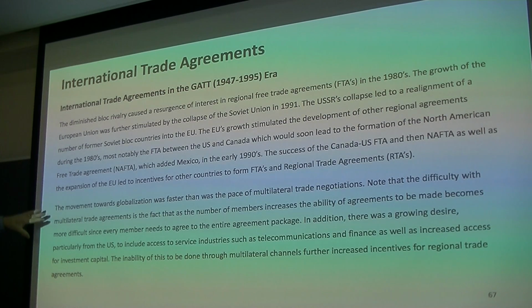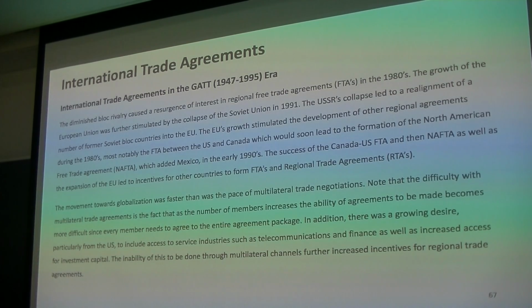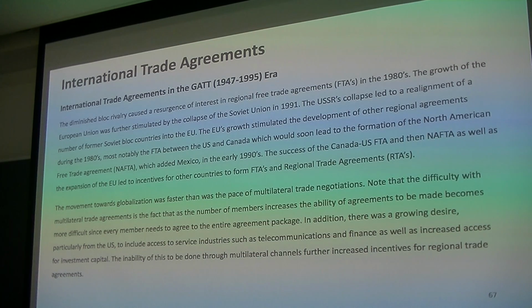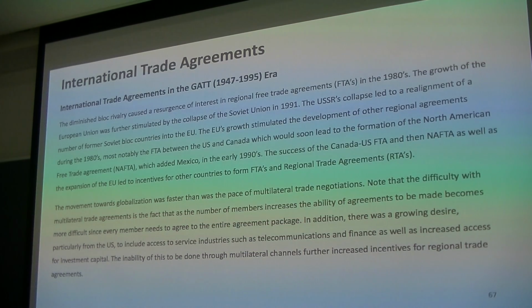Now, an important point here is that globalization also began to take place. One of the big events that spurred that was the growth of China. China was growing, particularly by the early 1990s, China began growing rapidly.